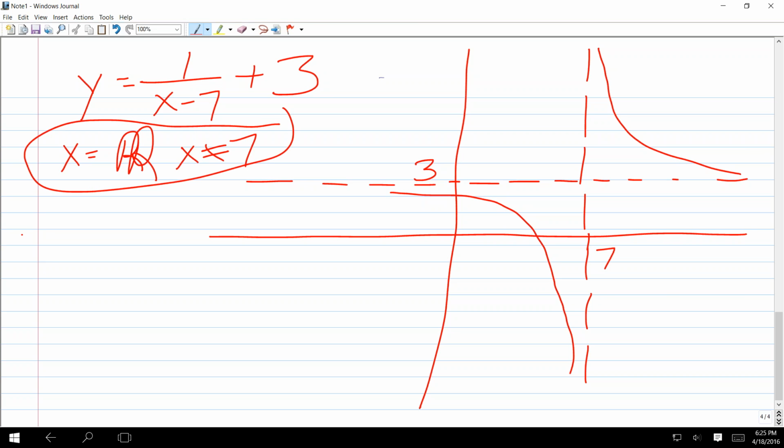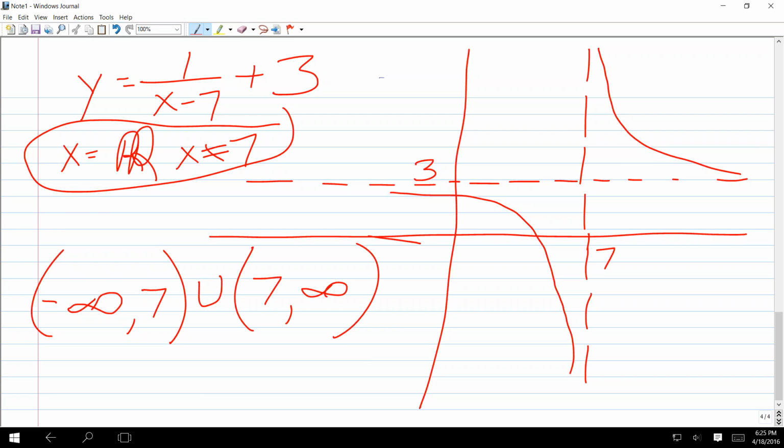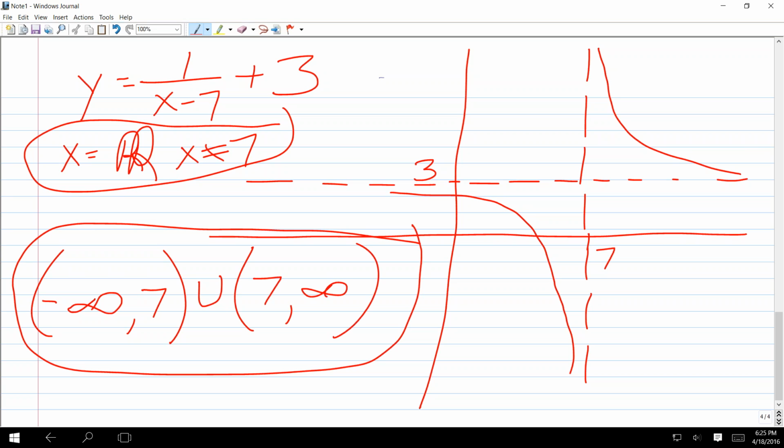The more precise way would be interval notation, which is minus infinity to 7, can't be 7, in combination with 7 to plus infinity. And notice I put parentheses around the 7 because it cannot be 7. If it could be 7, I would use a bracket. This is interval notation. If you haven't had it, no problem. We'll just read everything in this kind of notation.